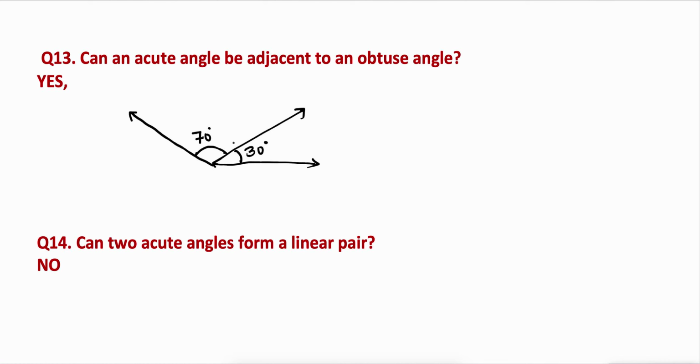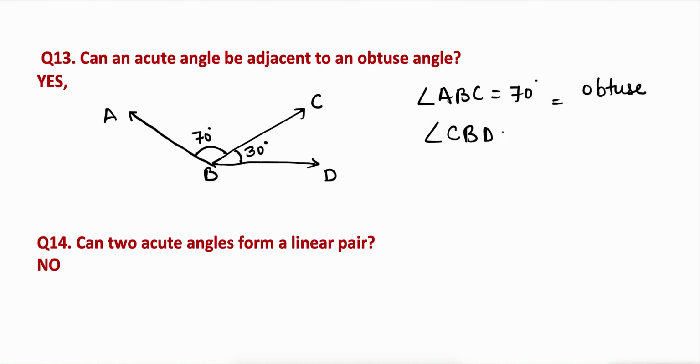So here A, B, C and D. Angle ABC is equal to 70 degrees, the obtuse angle, and angle CBD, which is equal to 30 degrees, is the acute angle.